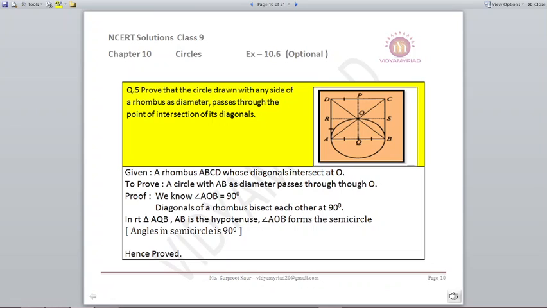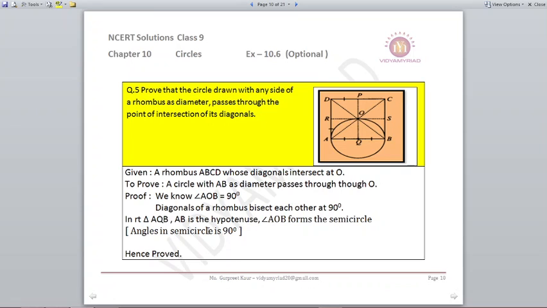Why? We know that diagonals of a rhombus bisect each other at 90 degree. And in your right angle triangle AOB, if we take it as, then AB is your hypotenuse and angle AOB forms the semicircle, and angles in the semicircles becomes 90 degree.